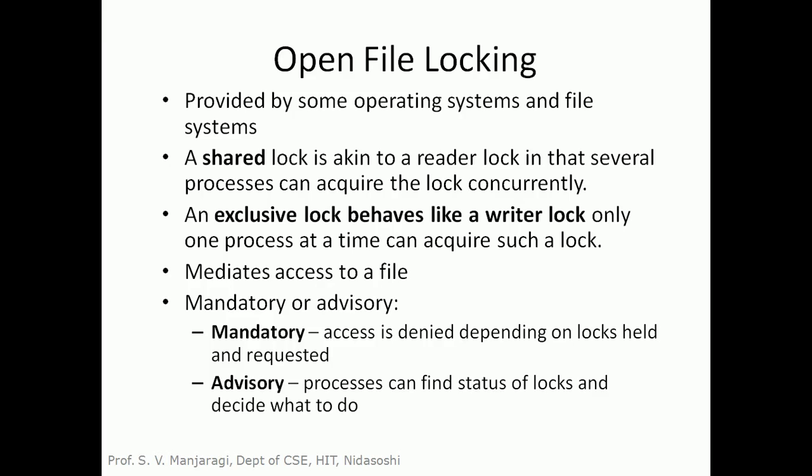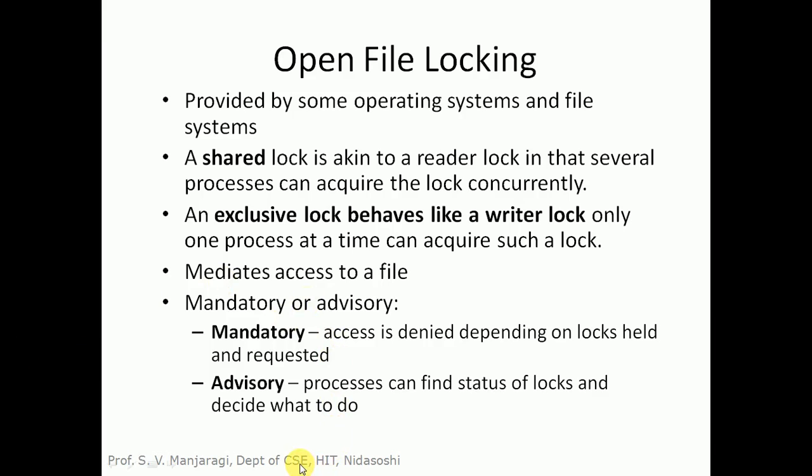That is, if one process has acquired an exclusive lock, then no other process can acquire either an exclusive lock or a shared lock on that particular file, because that file is being modified by one process.